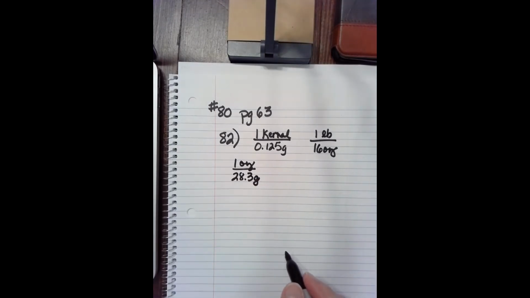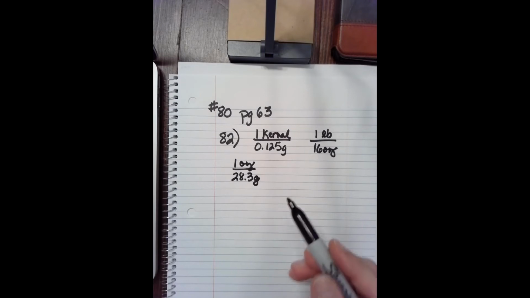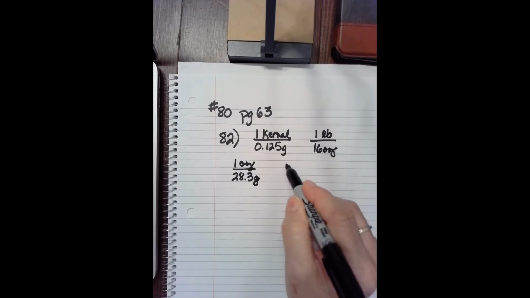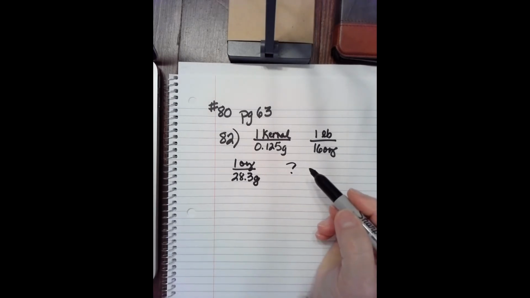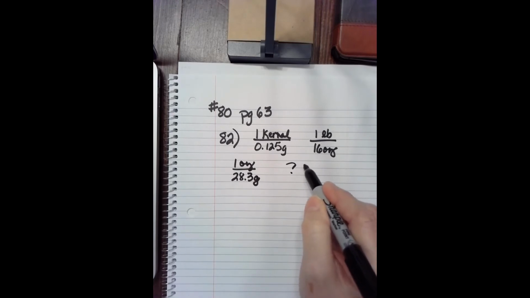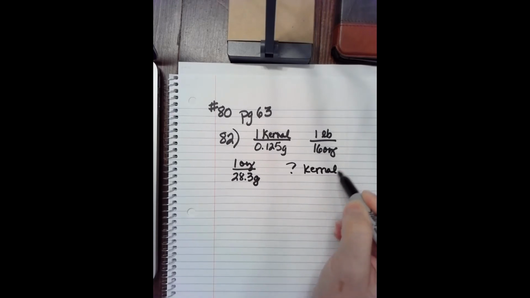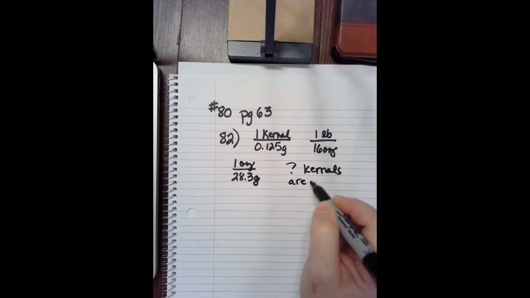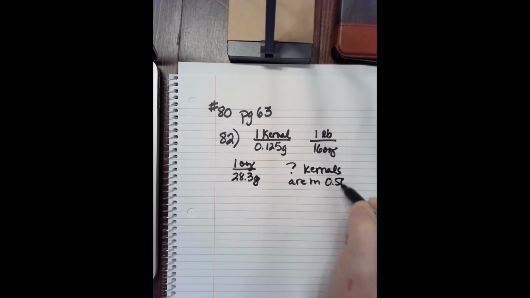So that's all data. That's all information that the problem has given us. Now here's the question. How many kernels are in a half a pound?